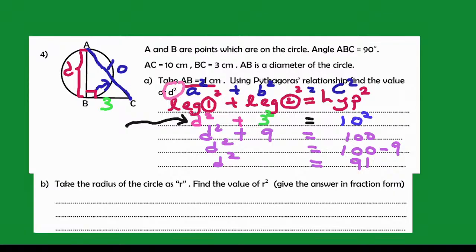And what is radius? That's half of the diameter, right? So we have been told d squared equals 91. Or rather, not that we have been told, we found it a while ago. So what does d squared mean? It means d times d. So d times d is 91.